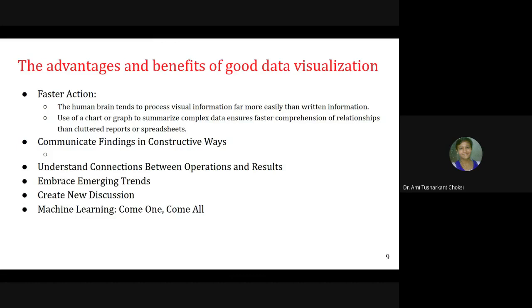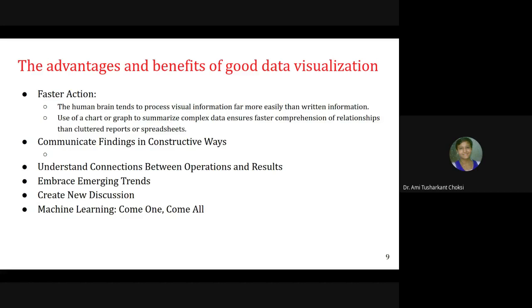On seeing the visualization of the data, you can create a new discussion. In this particular subject, people are having fewer marks. So we can start a discussion on how to motivate people to get good marks. Simple thing. In the same way, for any business data, if we have created the graph, we can create new discussion.